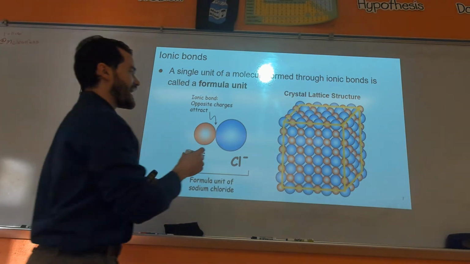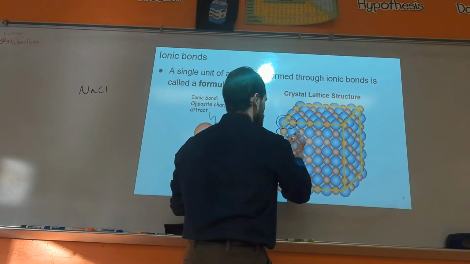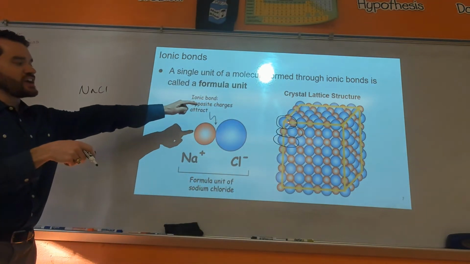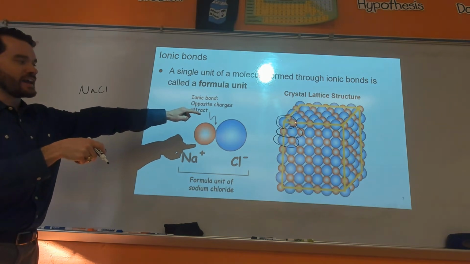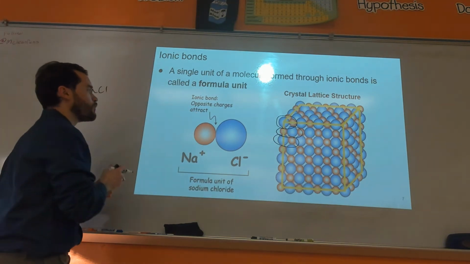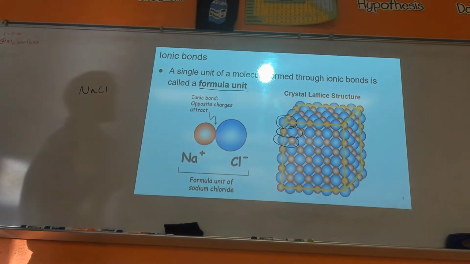That salt is actually held together in a crystal lattice structure where each Na and Cl, NaCl, NaCl, each unit of those we call a formula unit. In other words, in ionic bonds, we count them as formula units.